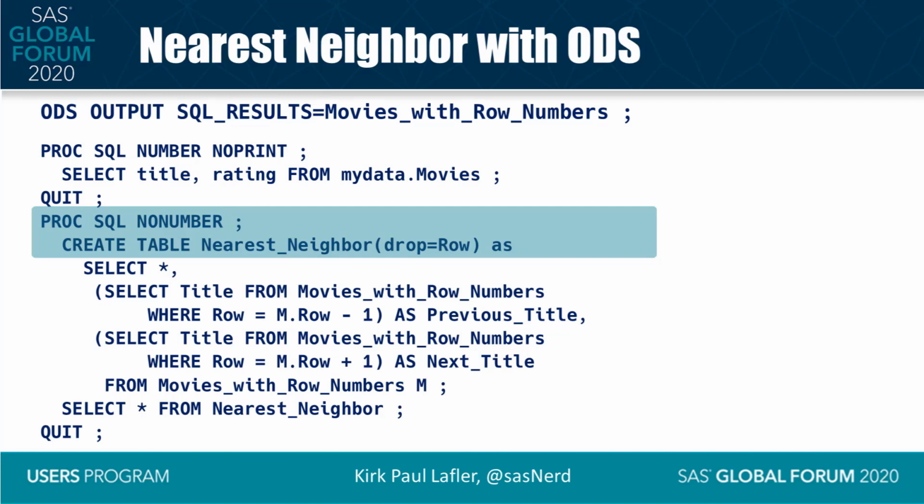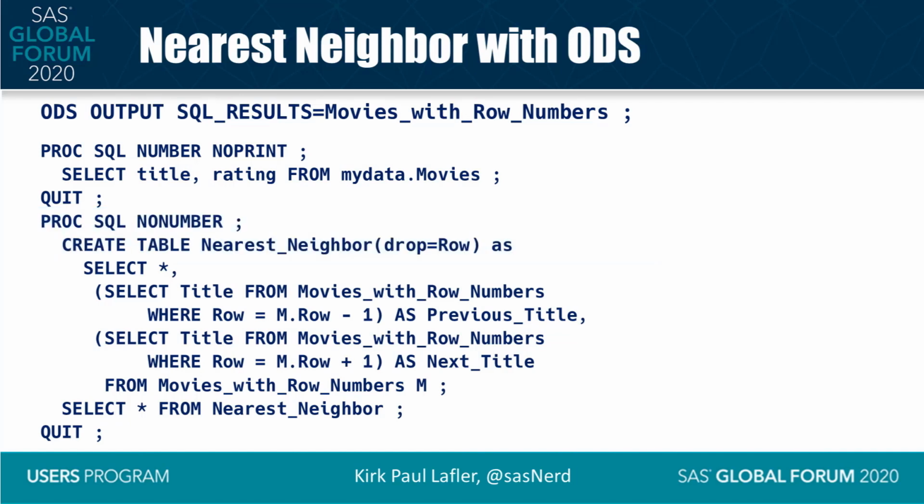This emulates the lag function. Then I want to select the movie title from movies with row numbers, where row equals m.row plus 1. This is going to do a look ahead, and it's going to emulate the lead function.